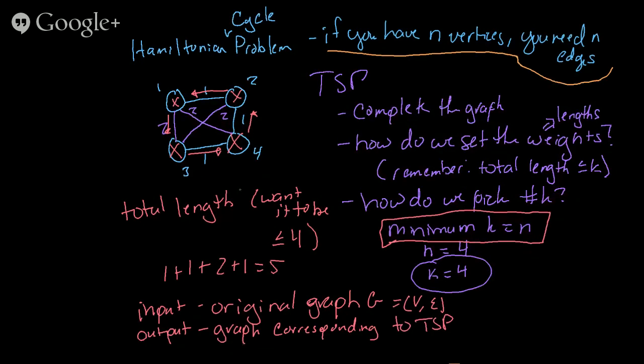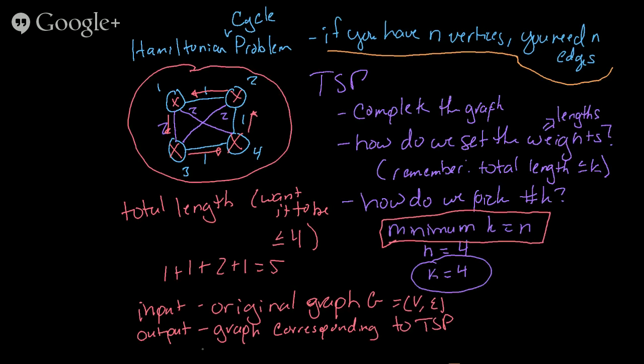Basically, it's not the graph with just the ultimate solution on it, it's the whole graph, which means the vertices, all of the completed edges, and their weights. Okay?